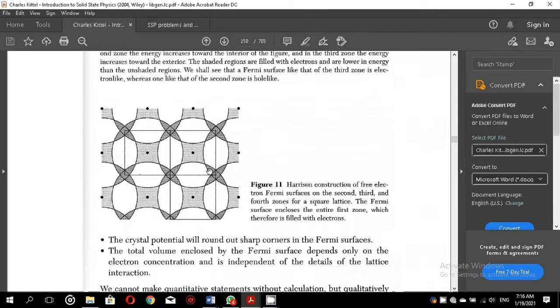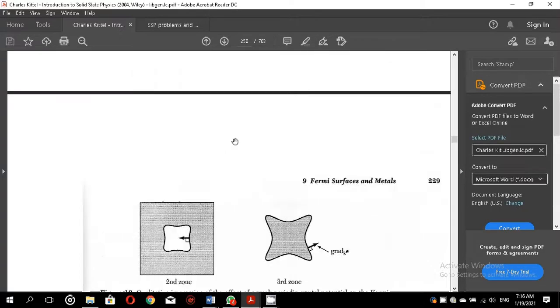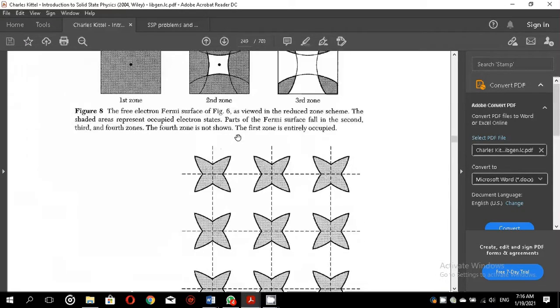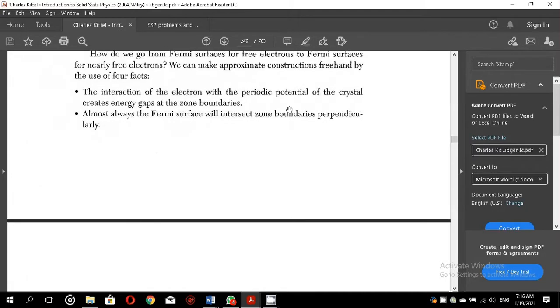And if there is an area which is common to two circles, for example, this circle and this circle, this is the area which is common to two circles, so it belongs to the second zone, the part filled in the second zone by the Fermi sphere. And similarly, if there is an area which is common to three circles, like this one, that will represent the third filled part of the zone. So that is the Harrison construction.